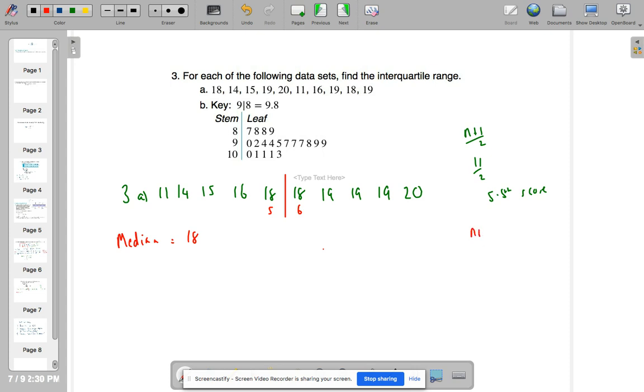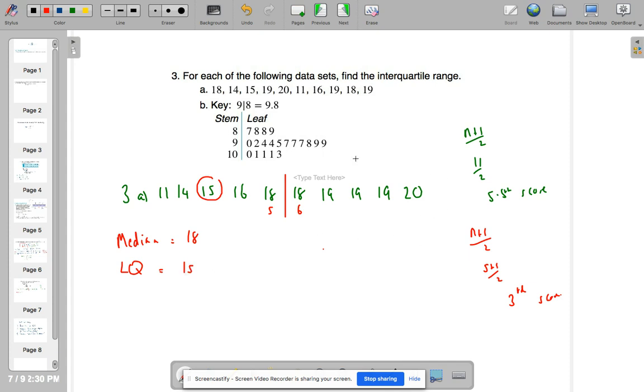My formula again, n plus 1 over 2, 5 plus 1 over 2. That 6 over 2 is the third score. So I'm after the third score here in the lower half, and it's 15. So my lower quartile, LQ for short, equals 15.